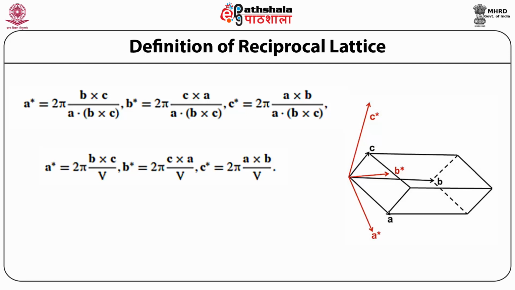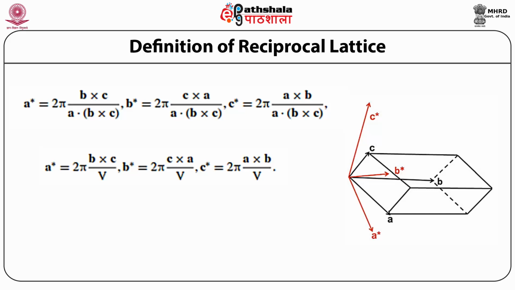So what would be the direction of this reciprocal lattice vector? You can see A star has the direction of B cross C, because A dot B cross C is a volume, a scalar quantity. B cross C will have a direction perpendicular to both B and C. So that will be the direction of reciprocal lattice vector A star.